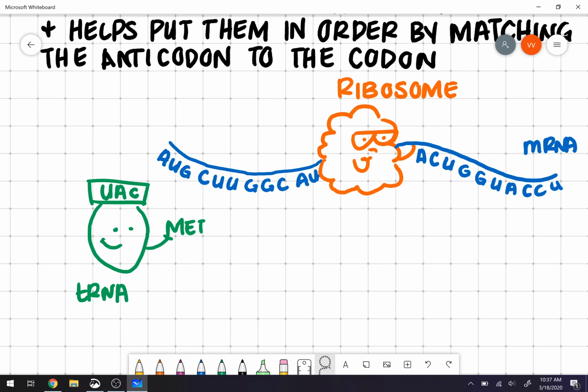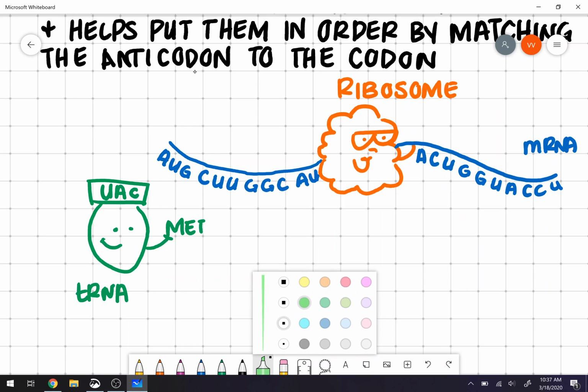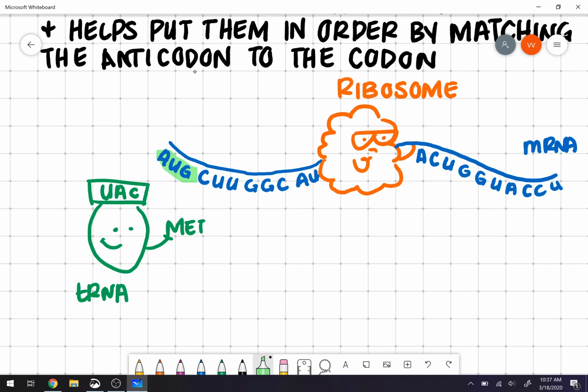That matches up with your codons, right? So this AUG for methionine is going to match up with the UAC, the complementary here, so that this tRNA knows that's where methionine goes, right?